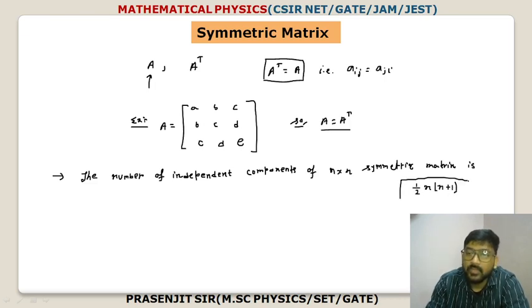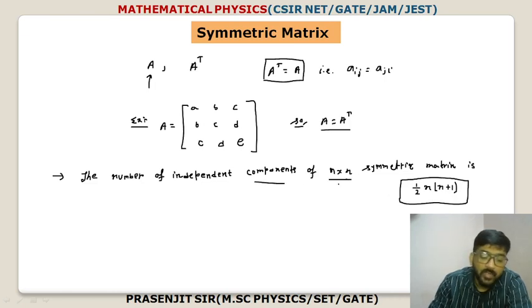So you should remember this result. Okay, this is the number of independent components for an n by n matrix.